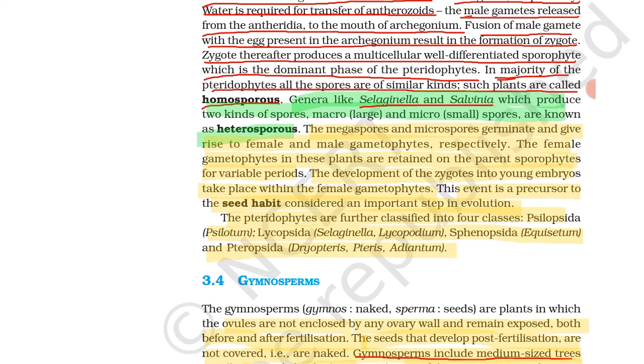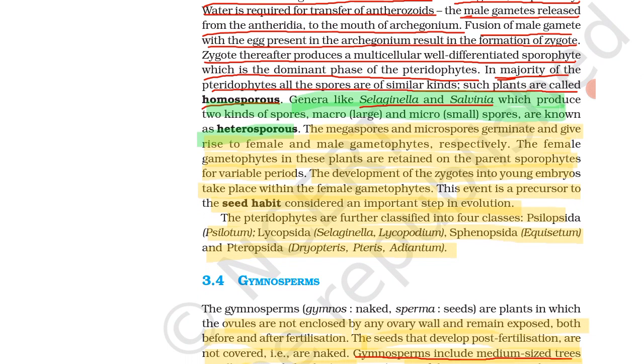The megaspore and microspore germinate and give rise to female and male gametophytes respectively.